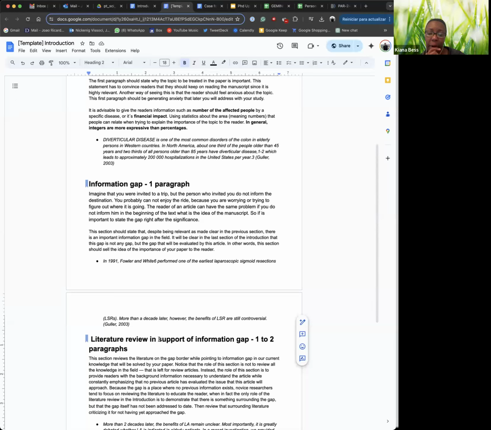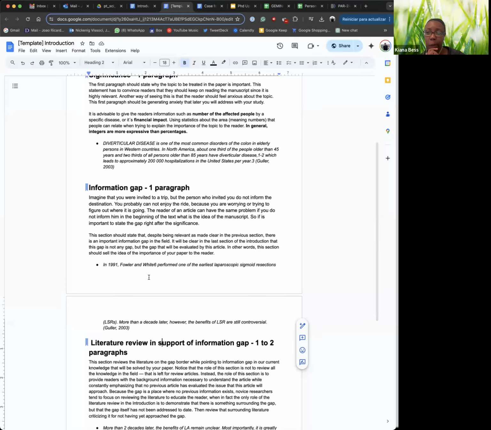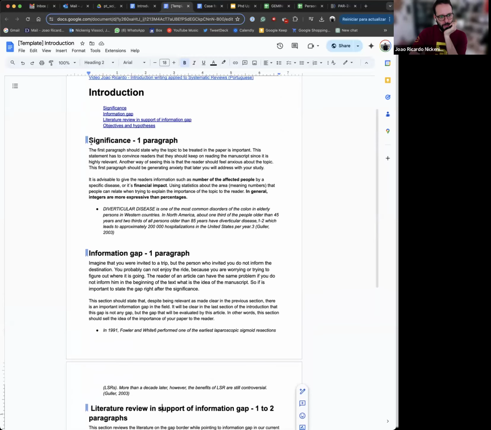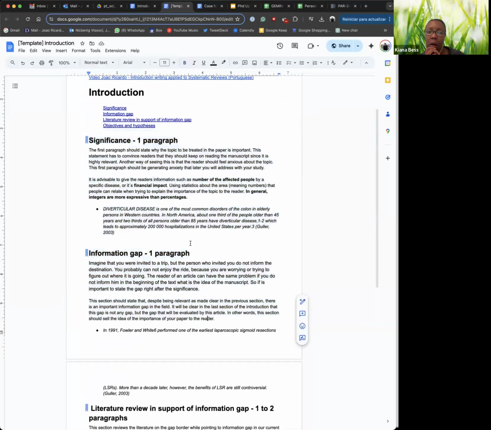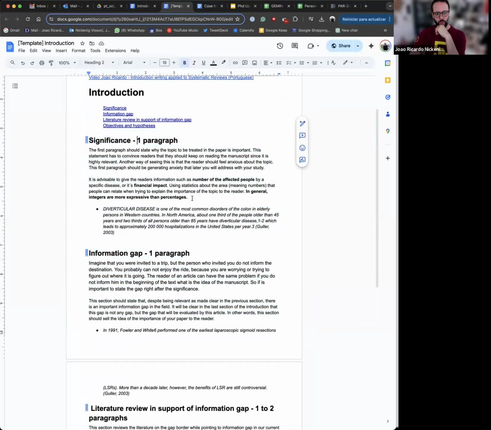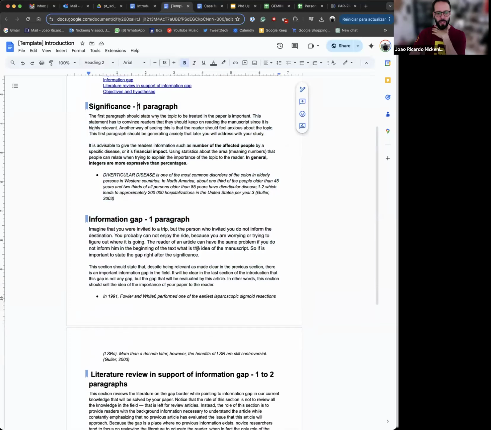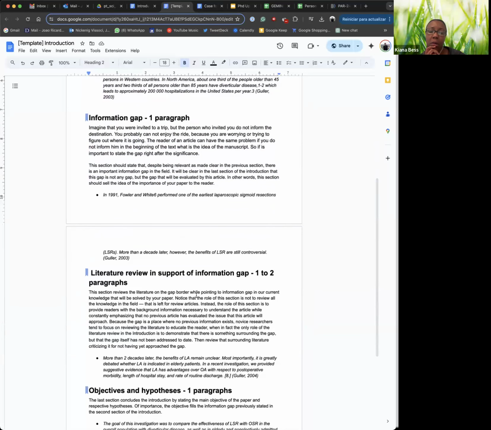And then my second question, for journals that have a really, really stringent word count, and 4 or 5 paragraphs may be a lot, can you combine information gap and literature review? Like how would you restructure this for those journals that have that tight word count? Yeah, I would combine significance and information gap, so that I would end the significance paragraph with the information gap. And then I would try to simplify the literature review.